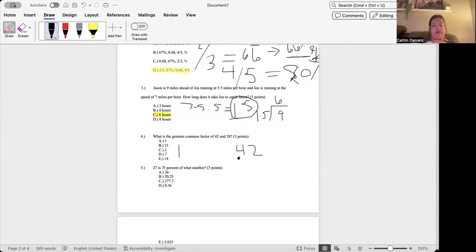Now let's find the numbers that divide 42. Obviously it's an even number, so it can divide by 2. So that's going to be 2 and 21.